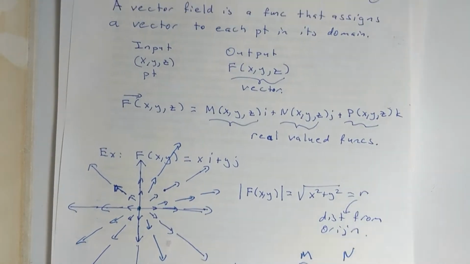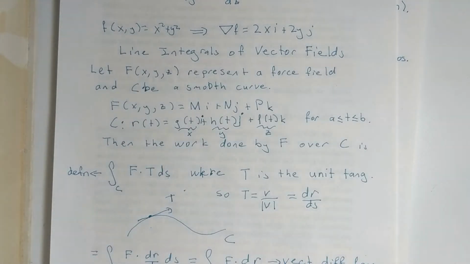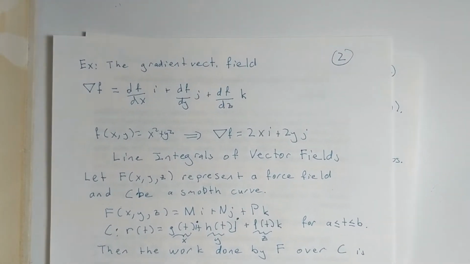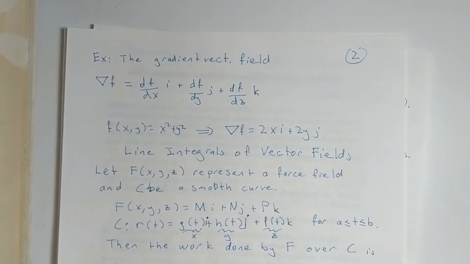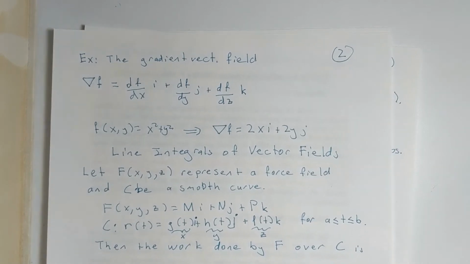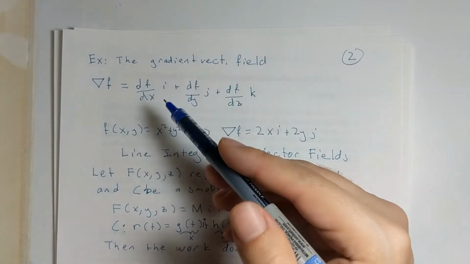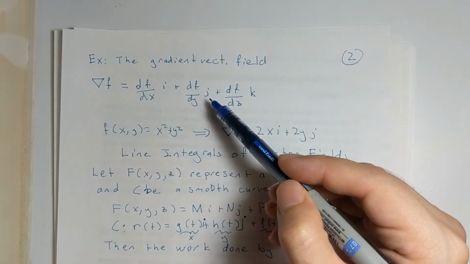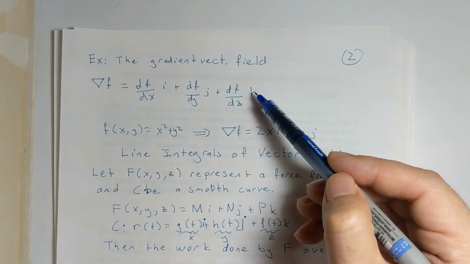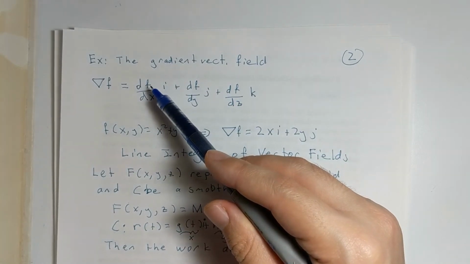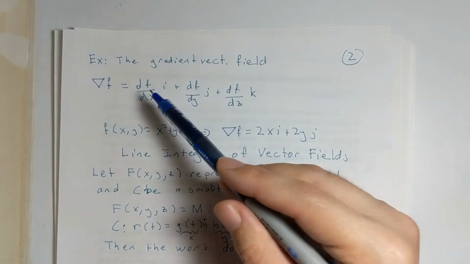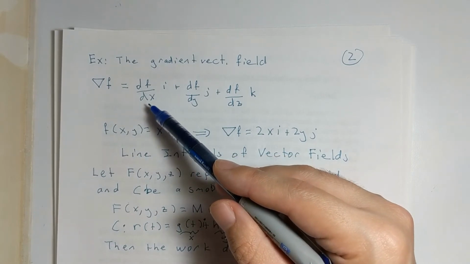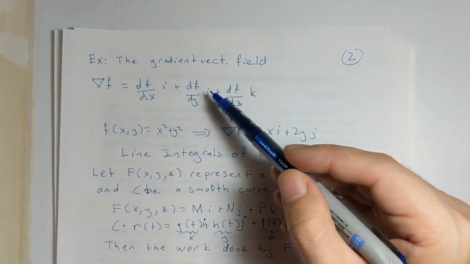All right. So vector fields are great for several things. We already know one thing they're great for, and that's gradients. When we talk about the gradient of a function, it's actually a vector field, isn't it? Remember the definition of the gradient, nabla f, was df/dx i plus df/dy j plus df/dz k. Since f is a three-dimensional function in this example, its derivative is a three-dimensional function also, hopefully when it exists.